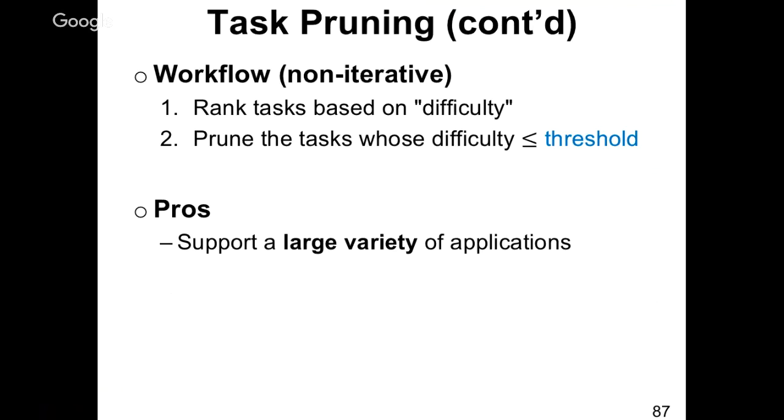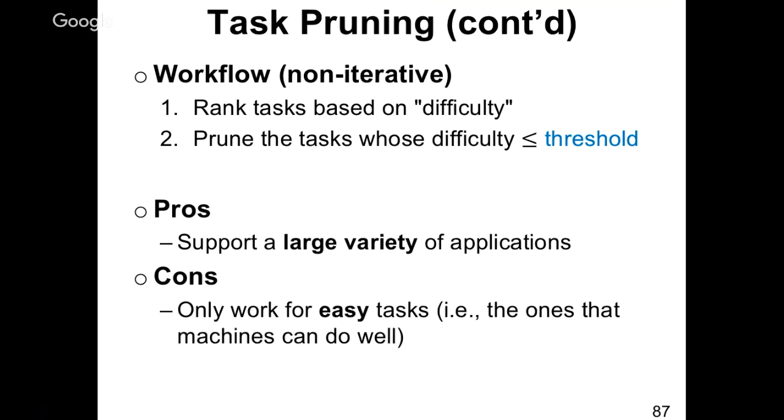You can use those techniques to do the first pass over all the tasks you have. And then for the tasks that those machine-based techniques are not very certain about, you can ask the crowd to verify that. But the disadvantage is it only works for easy tasks. For the tasks that machines cannot do well, it will not help. Okay.